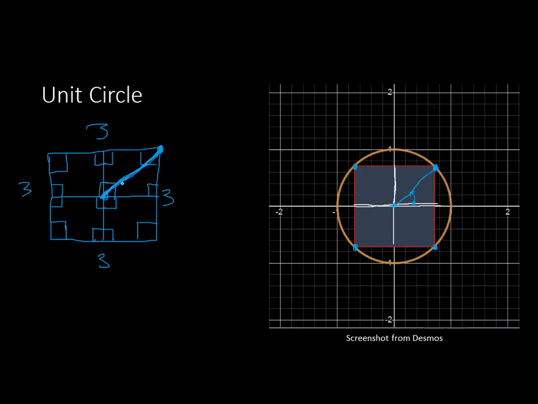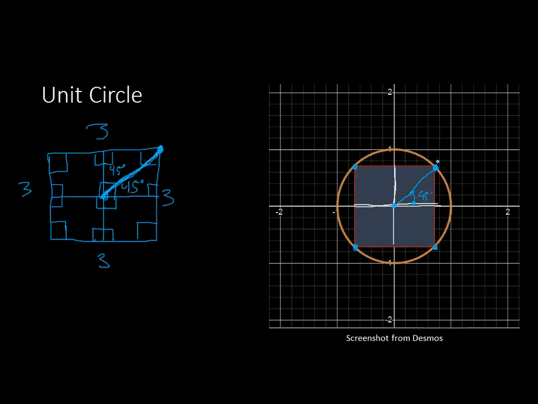So 90 divided by 2, we will have 45 degrees here and 45 degrees there. So the angle here is 45 degrees. And of course, again, this is 90 degrees.